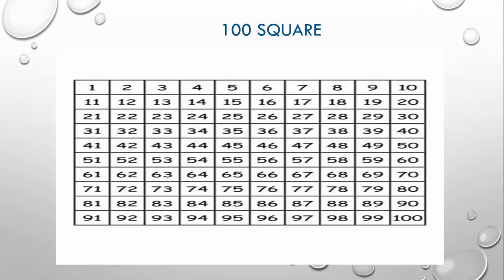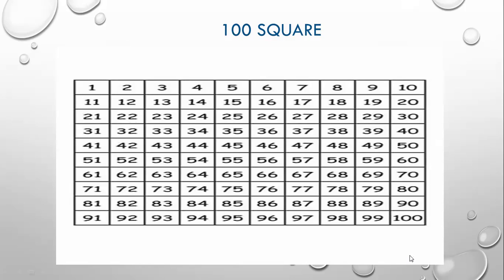Here is a 100 square. This is a table of 100 square. As we discussed in the last math class, what is a 100 square? It is numbers that start from 1 and end on 100.